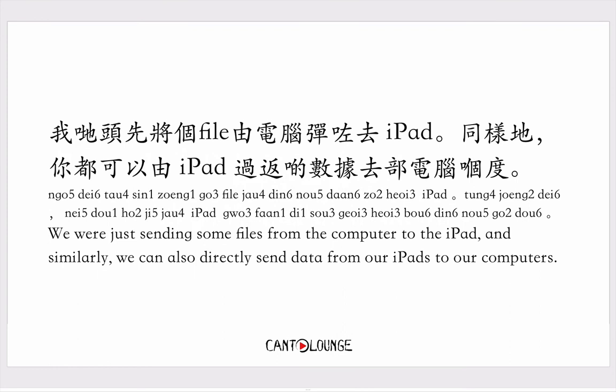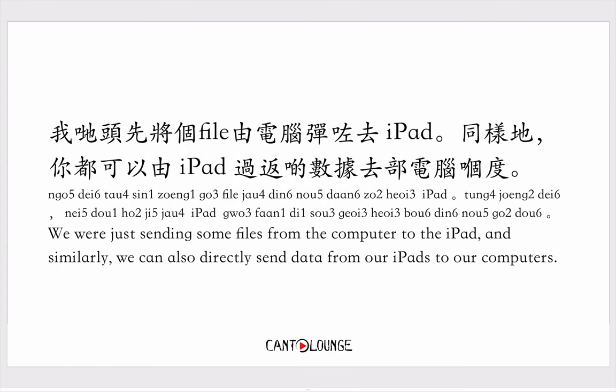So you might say, 我哋頭先將個 file 由電腦彈咗去 iPad。同樣地，你都可以由 iPad 過翻啲數據去部電腦嗰度。So we just now 將個 file 由電腦彈咗去. Remember we talked briefly about 將 a long time ago back in Cantonese word order.